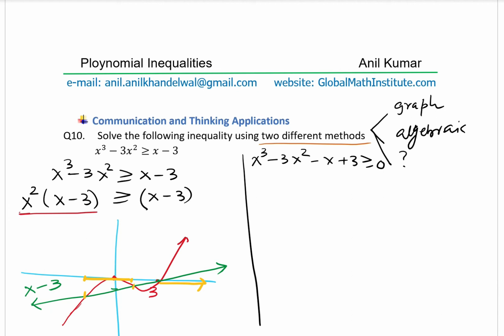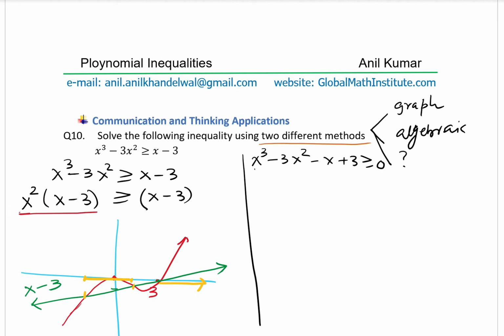Perfect. Now, let's do it the algebraic way also. So here we have x cubed minus 3x squared minus x plus 3 greater than or equal to 0. That gave us a hint that we could actually factor this, taking x minus 3 common, right?